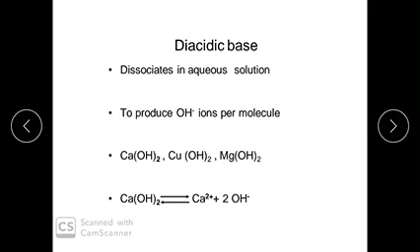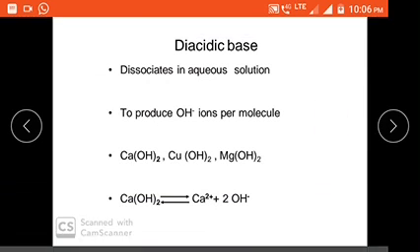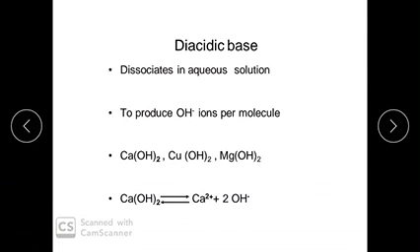And next one is diacidic base. It means on ionization, it should produce two OH minus ions in a molecule. Then it is called a diacidic base. Examples are calcium hydroxide Ca(OH) taken twice, copper hydroxide Cu(OH) taken twice, and magnesium hydroxide Mg(OH) taken twice.